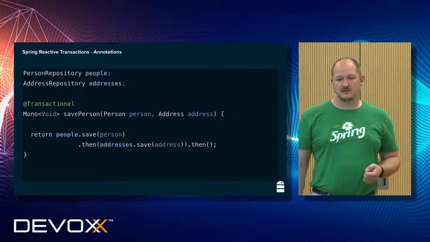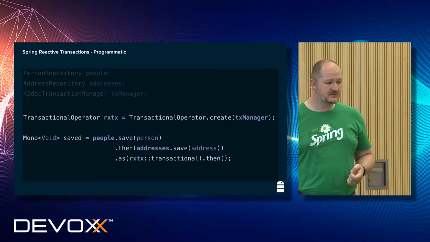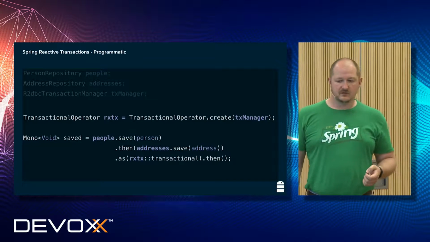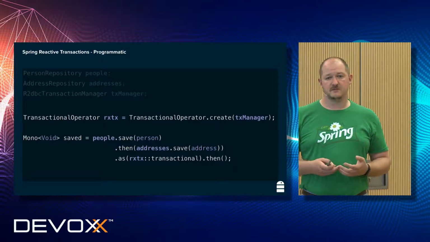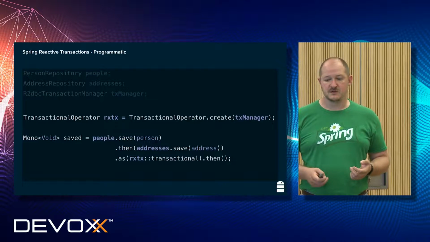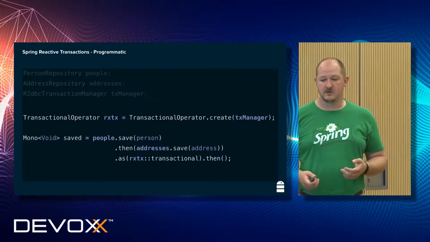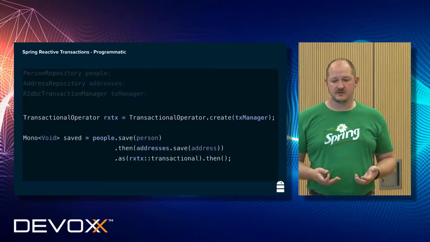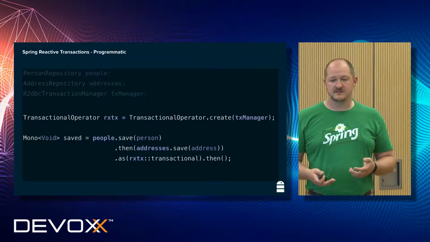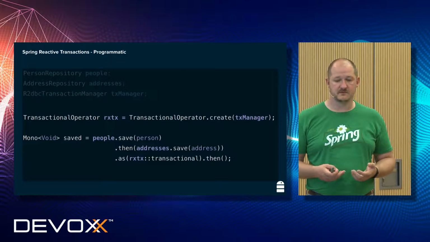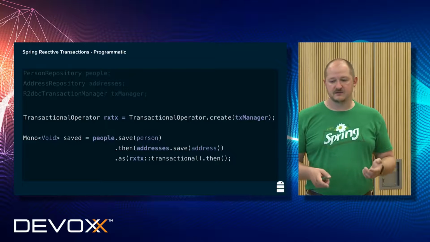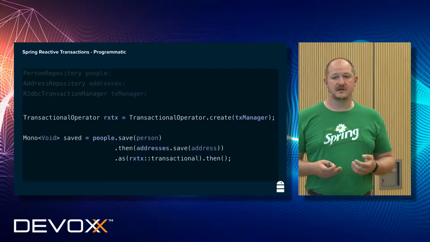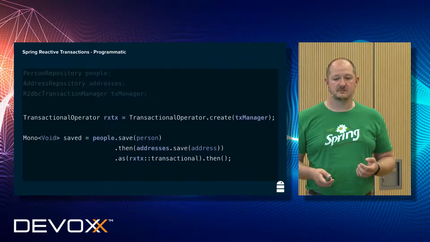We have also a programmatic alternative, which is the TransactionalOperator. When you are already familiar with chaining functional reactive calls, the TransactionalOperator is in line with that idea, where you spin up a TransactionalOperator instance, give it a transaction manager object, and as a final step before you run your sequence of reactive operators, you say, okay, as reactive operator in transaction, and then you have, again, a fluent style to express transaction boundaries.